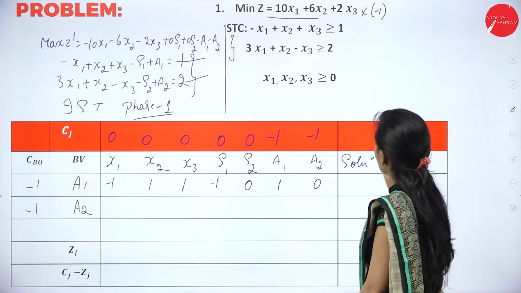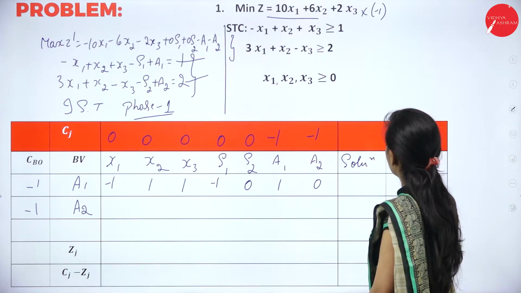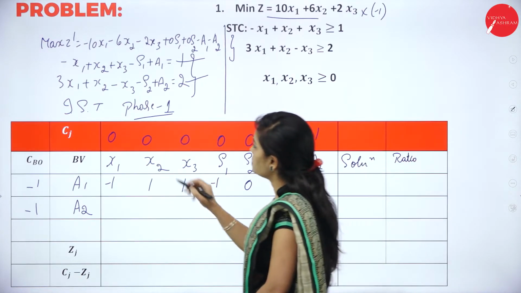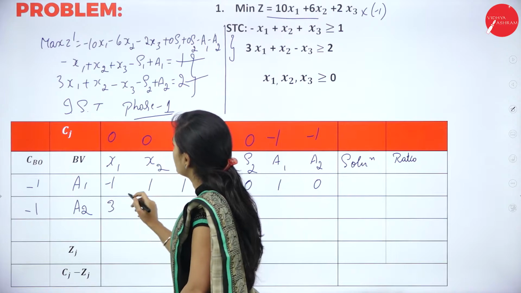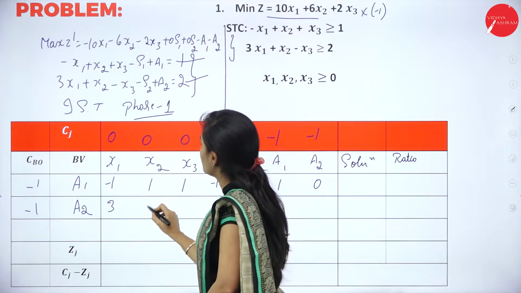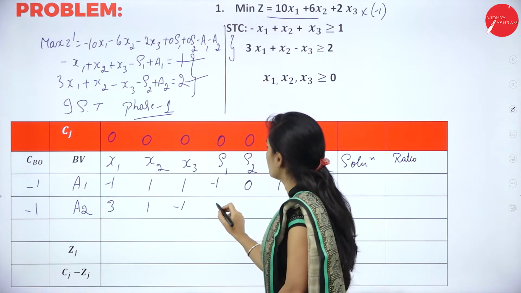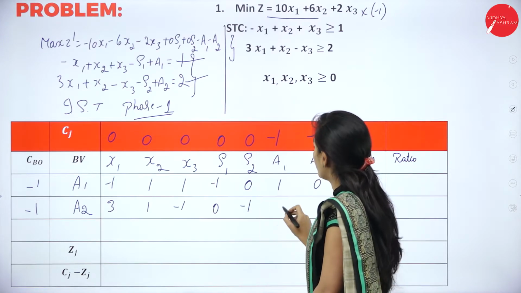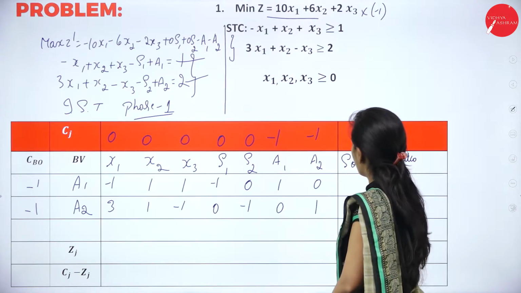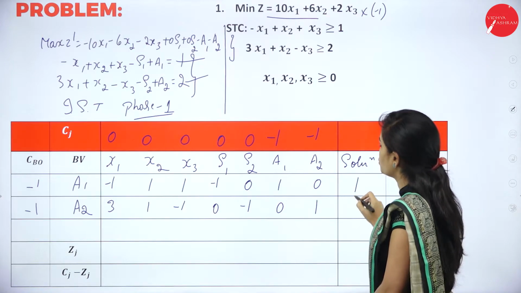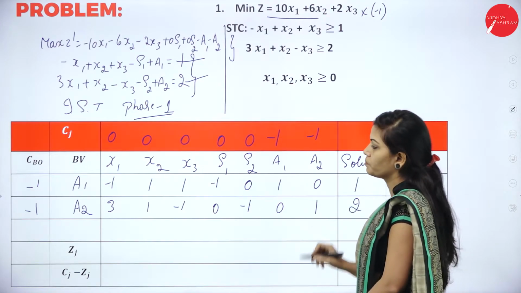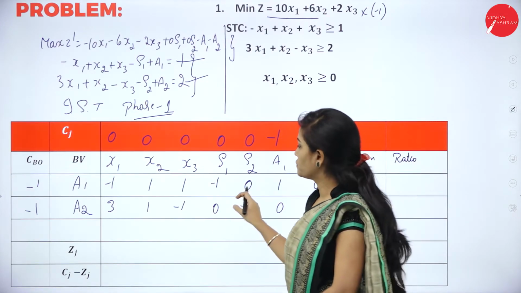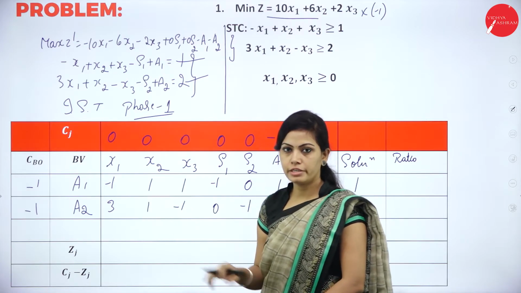Then the solution and ratio. Second equation: coefficients of x1 are 3, 1, -1, s1 is not there, s2 is -1, a1 is not there, a2 is 1. First equation solution is 1, second equation solution is 2.